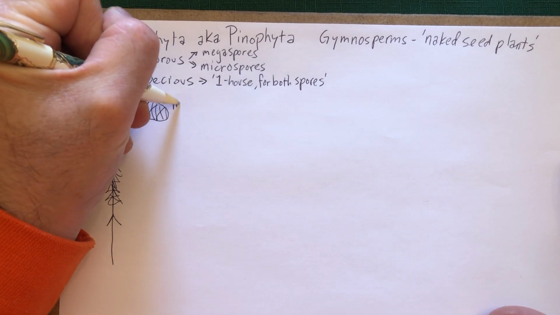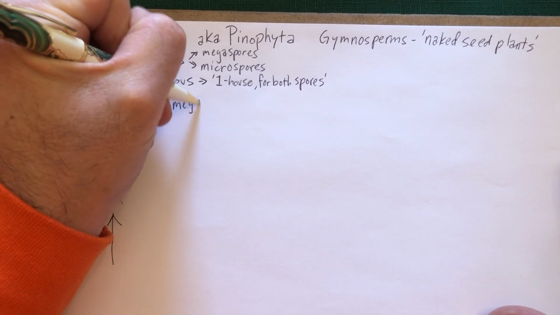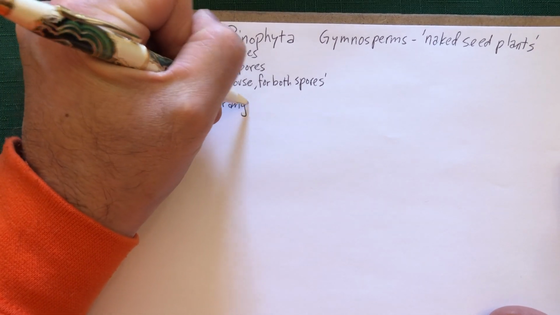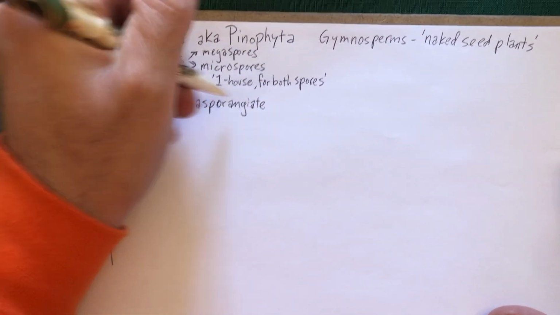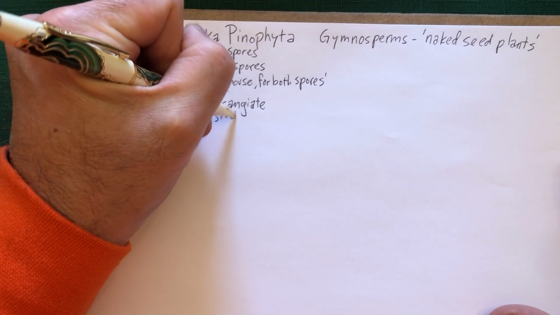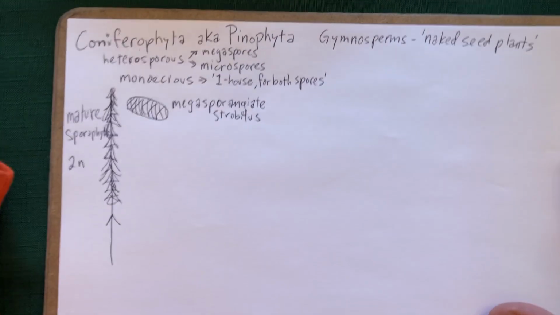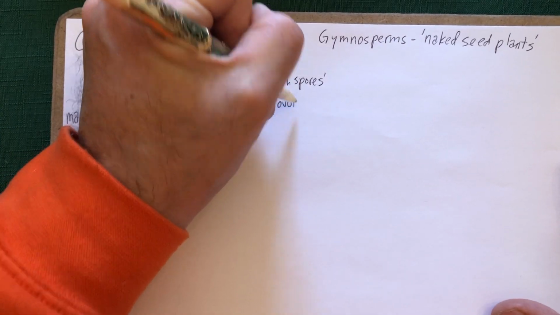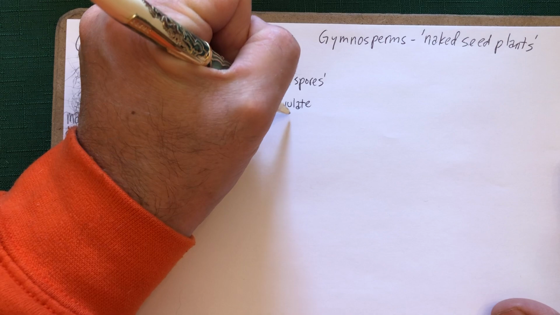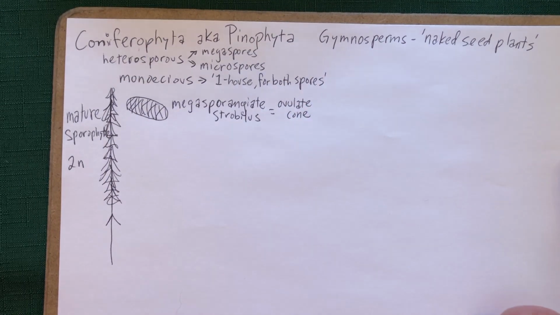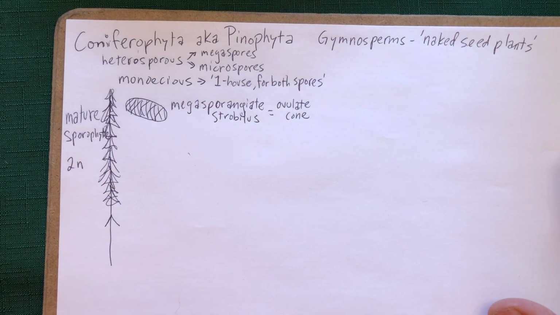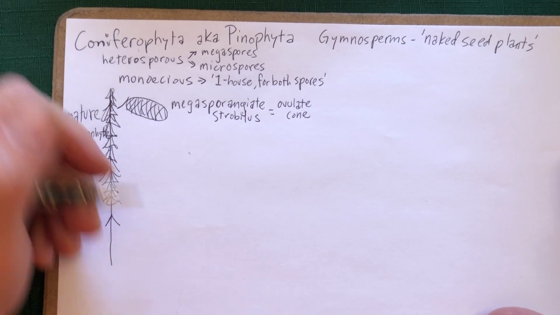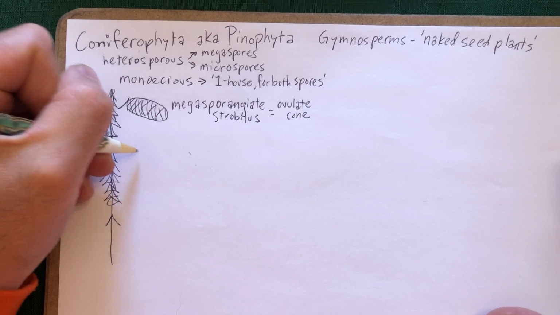And this is going to be our megagametophyte strobilus, also known as an ovulate cone. Or if it's a pine tree, this is the thing that we normally think of as the pine cone. So that's something we find on one part of the tree.